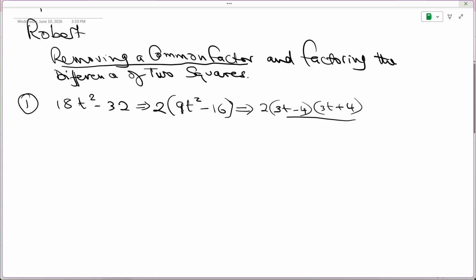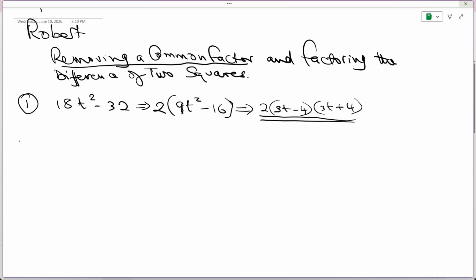And this becomes our final answer. So we will have removed a common factor, which is 2, and then factored the difference of two squares. So this gives us our final answer.